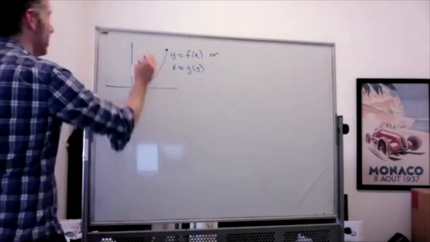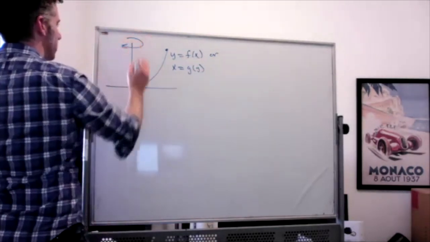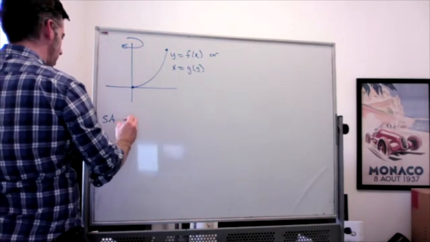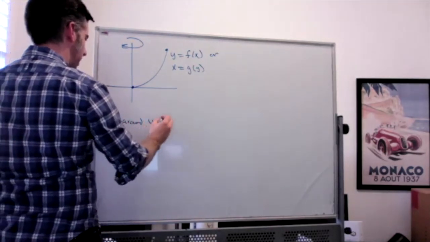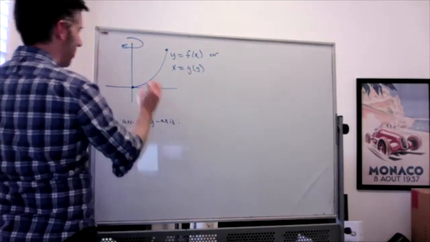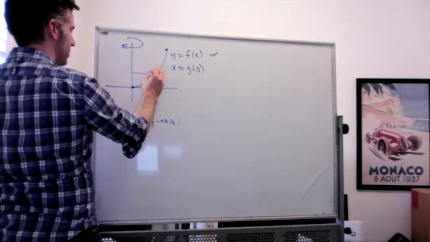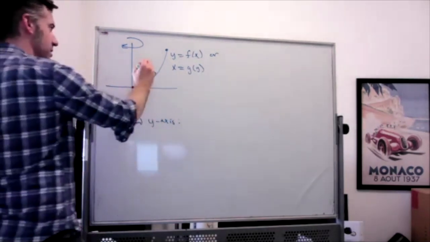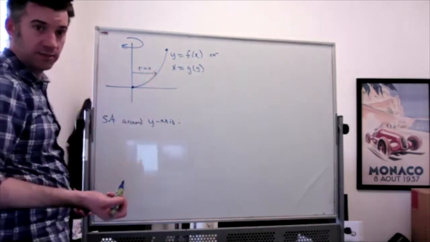Cool. Let's say we're going around the y-axis. So surface area around the y-axis. Well, around the y-axis, my radius is x.